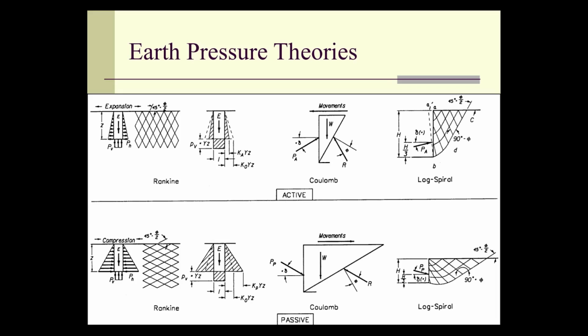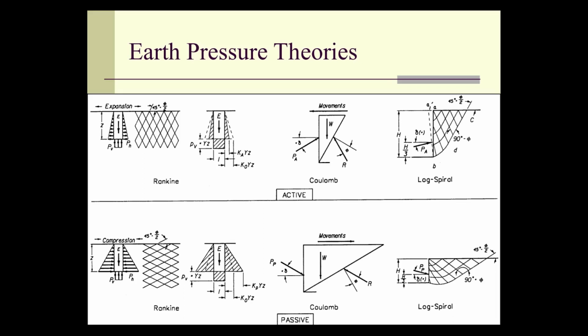But for level backfill, or a level soil surface, Rankine theory can line up with Mohr-Coulomb perfectly. But relative to Coulomb, Rankine leaves out the effect of soil friction on the wall. As a result, Rankine theory is more conservative. In fact, of the three theories you're looking at, it's the most conservative.